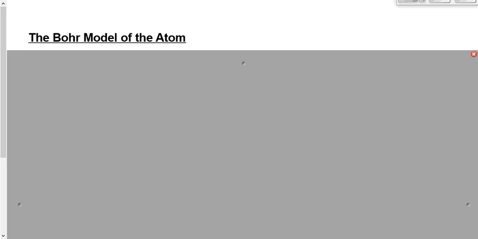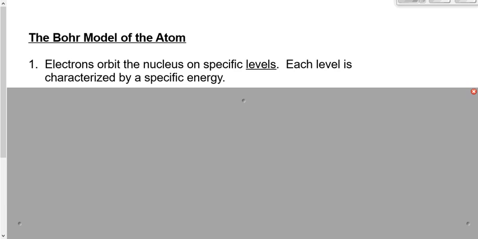So what separates the Bohr model of the atom from the Rutherford planetary model of the atom? Well, Niels Bohr talked about electron levels. That's really the one word that differentiates. If you have to pick a word, that would be the one word that differentiates the Bohr model of the atom from the planetary Rutherford model of the atom.